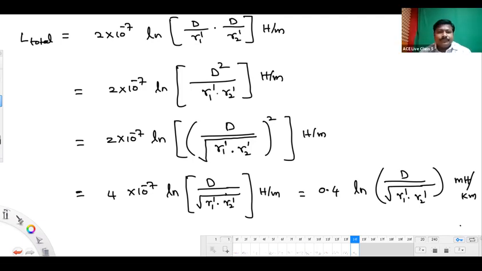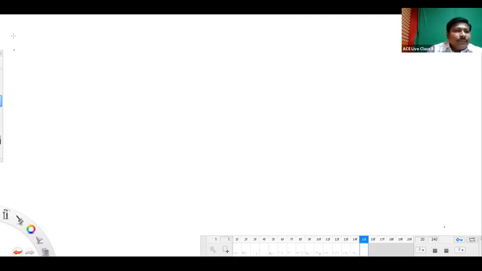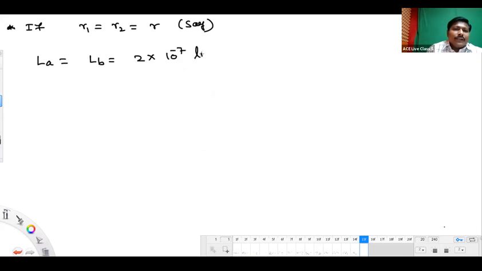Okay. So let's continue. If both conductors are identical, so called if R1 and R2 are equal, then obviously LA and LB are equal. Let me write quickly. If both conductors are identical, means R1 equal to R2, let us say it is R. Then LA equal to LB equal to 2 into 10 power minus 7 natural logarithm D by R dash Henry by meter.